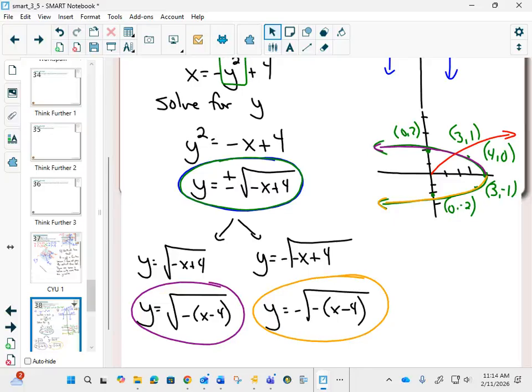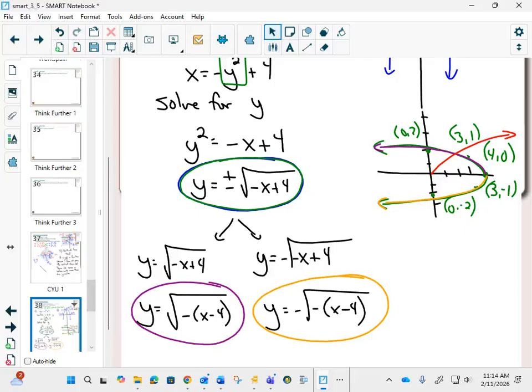Now, mathematicians don't like things not working that way. This is one of the reasons why the square root graph is only this red part. Technically, if you did the inverse of a parabola, a regular parabola, you'd also get the bottom part and have a sideways parabola.